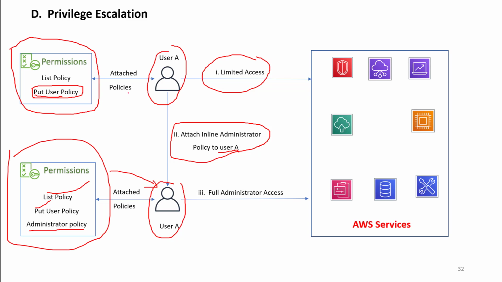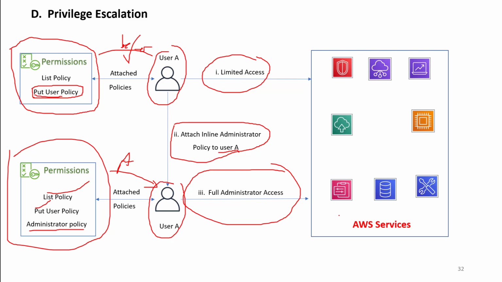This is the before, and this is the after. Once this policy is attached, this user has full administrator access on AWS services. This is how a user can misuse or take advantage of IAM policy and perform a privilege escalation.